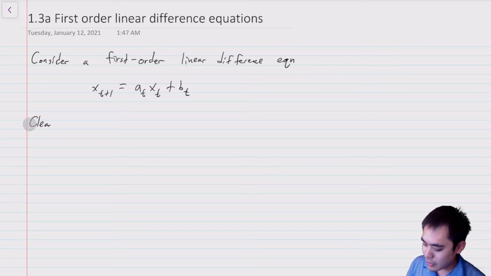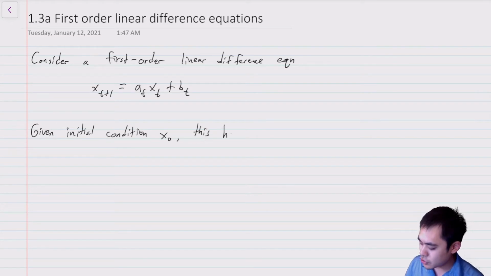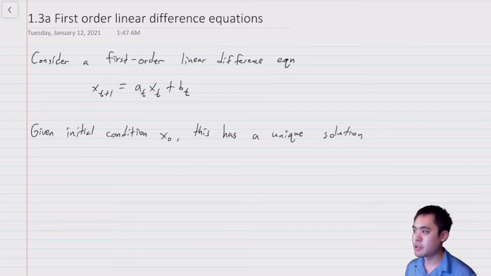So clearly, if we have an initial condition x naught, this has a unique solution by just iteratively applying the recurrence relation.